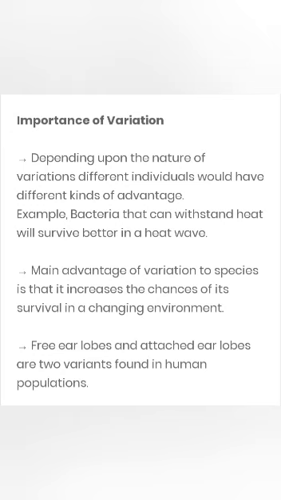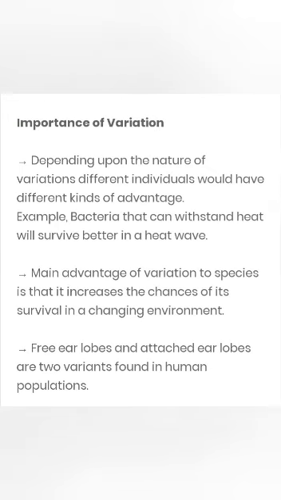Now let's have a look at the importance of variation. Depending upon the nature of variations, different individuals would have different kinds of advantage. For example, bacteria that can withstand heat will survive better in a heat wave. The main advantage of variation to a species is that it increases the chances of its survival in a changing environment.